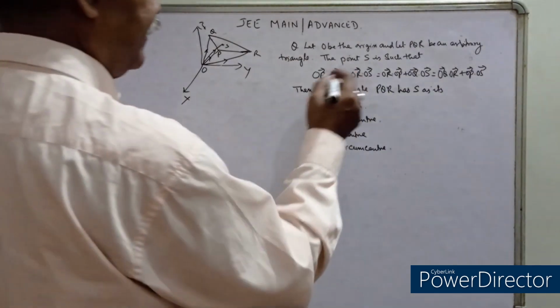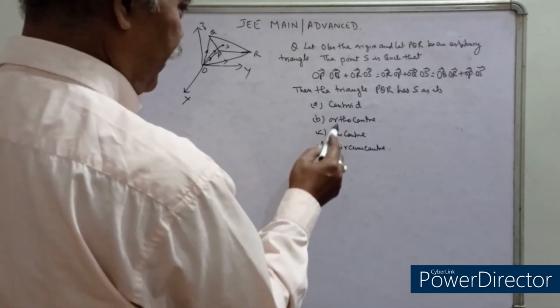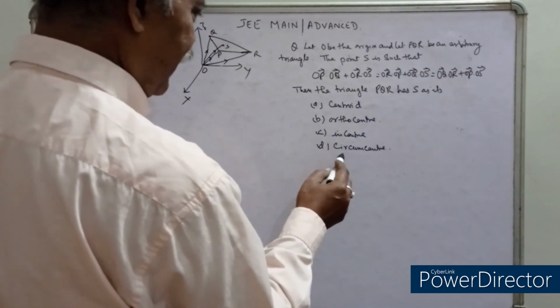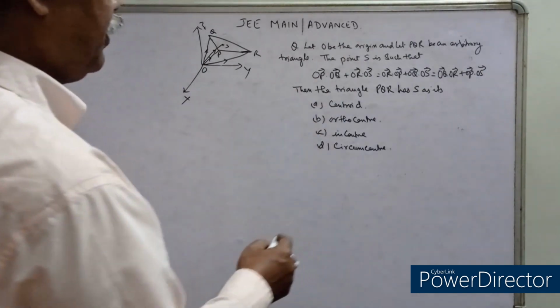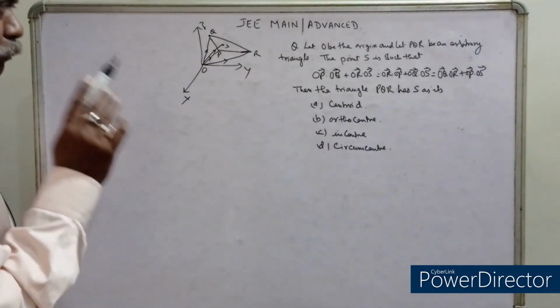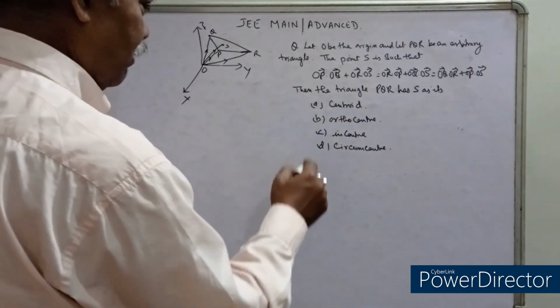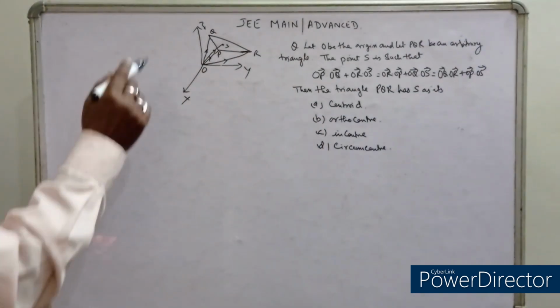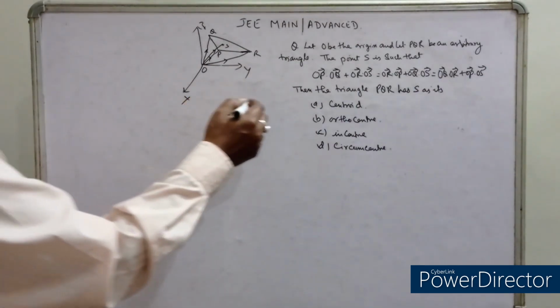The point S is such that, from the options given to you, orthocenter, incenter and circumcenter, I suppose that the point S is inside the triangle. So I have taken S inside the triangle, but let us check what happens.